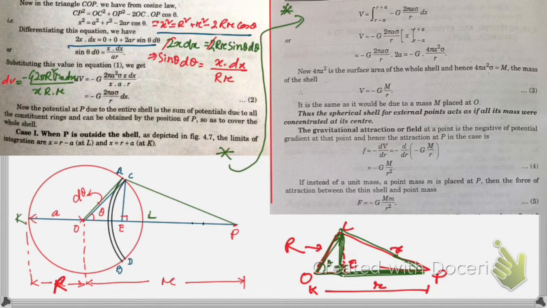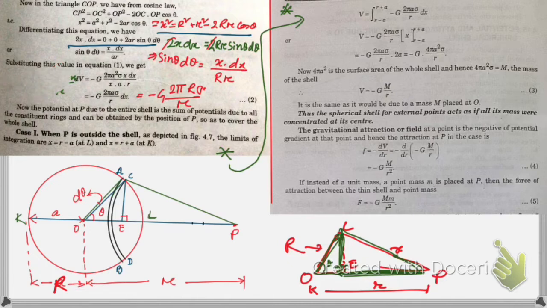So here you see this small r cancels, and capital R square reduces, and finally we have got this result, minus G 2 pi capital R sigma by small r. That's what we will get, because this x also cancels here, right? So hope you have understood this.